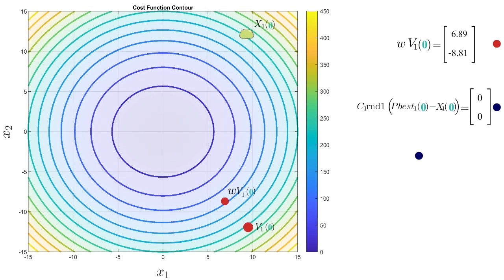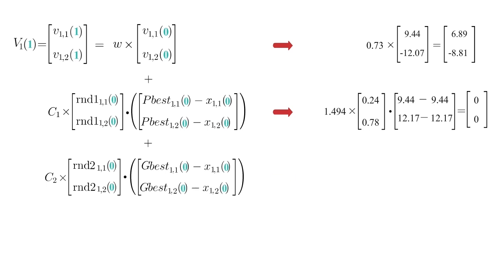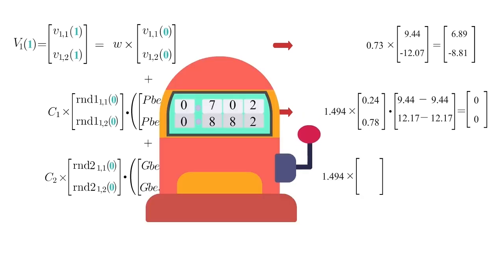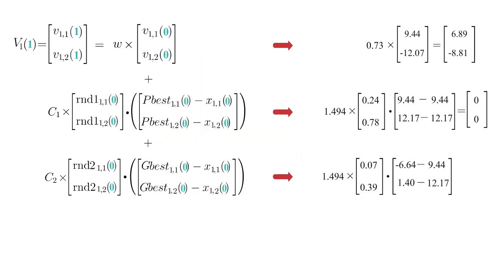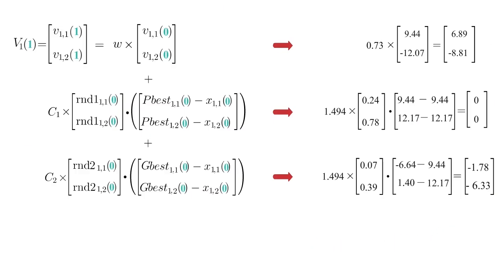However, since we are in the first iteration, this component is set to 0. The final component is the social component. Again, we need to generate random numbers to multiply by the social coefficient and the distance vector from the particle's current position to its global best position. The new velocity will be the result of the sum of these three vectors.